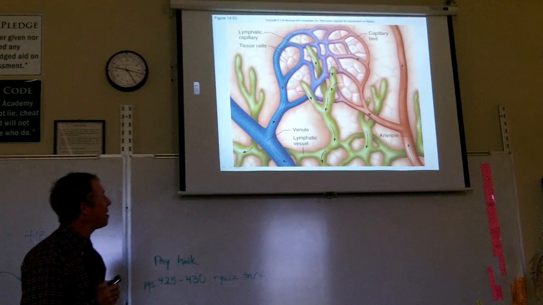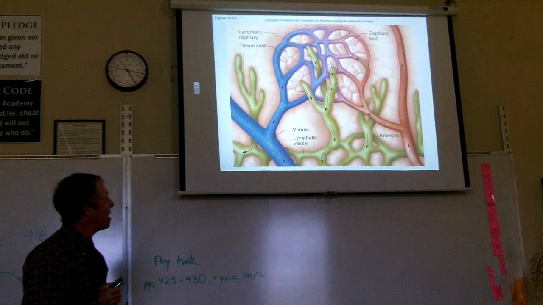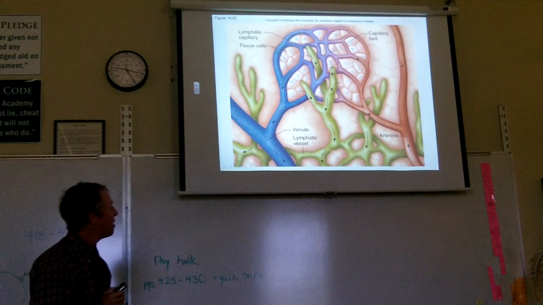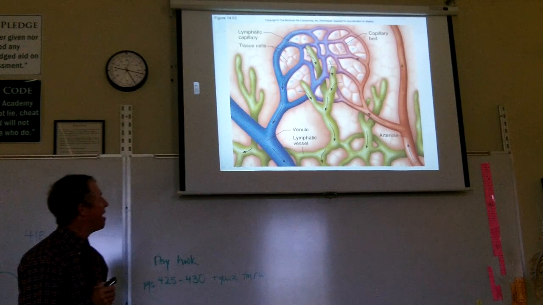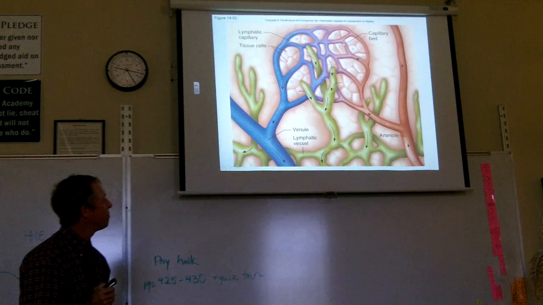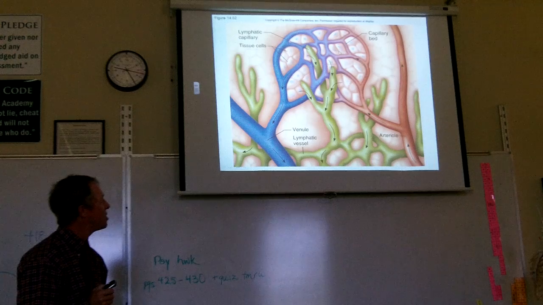And it's at the capillaries that stuff leaks out of the blood, like oxygen and sugars and water, and it's taken in by the cells so that the cells can get their nutrition. Every cell in your body is near a capillary. So capillaries are everywhere in your body delivering stuff to the cells.